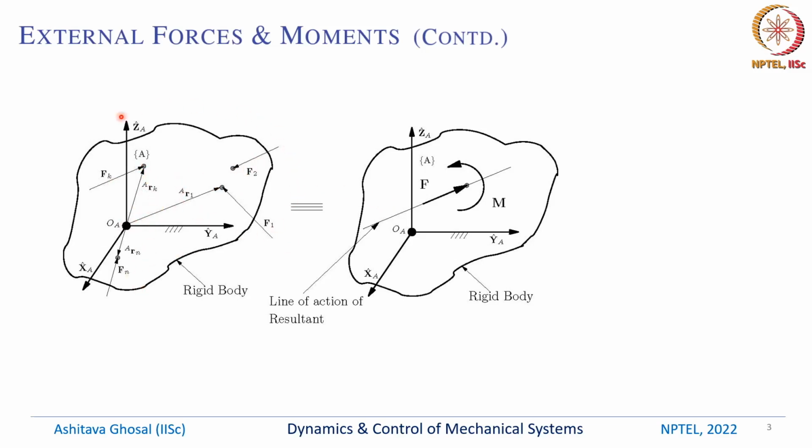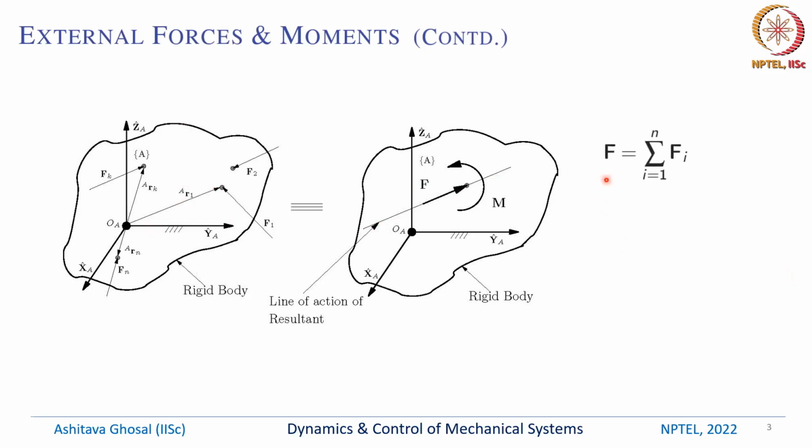Instead of considering all these forces, we can think of an equivalent system. These three lines mean it is equivalent to a single force acting at some point, and a moment. The line of action of this F is the resultant of all these forces.